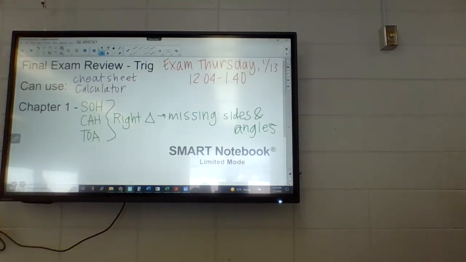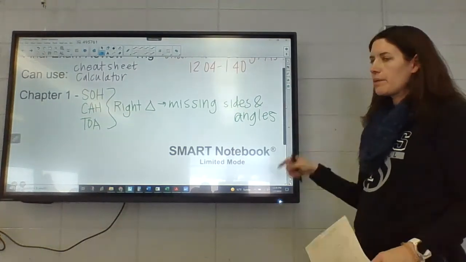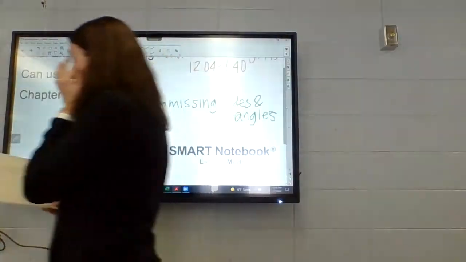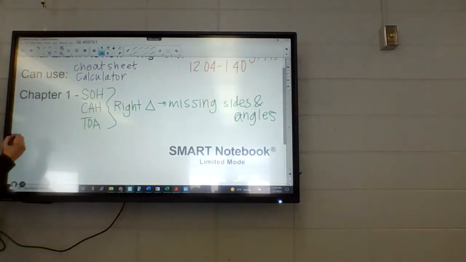Then we learned about non-right triangles, and that's where law of sines and cosines came in. So you definitely want to put those formulas down. Those are some big formulas you would need.